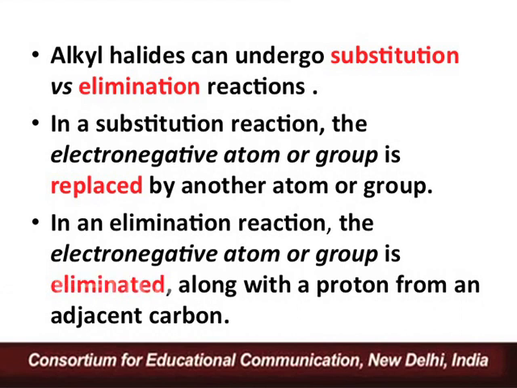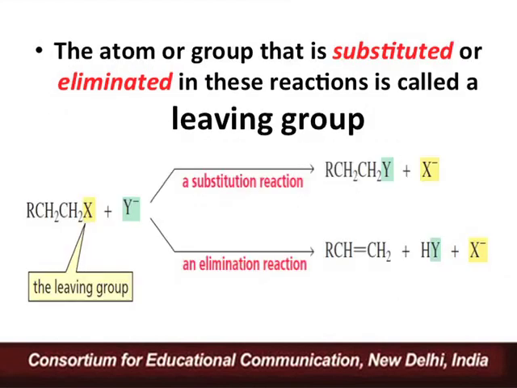In a substitution reaction, the electronegative atom or group of atoms is replaced by another atom or a group. In an elimination reaction, the electronegative atom or group is eliminated along with a proton from the adjacent carbon, that is the beta carbon, resulting in the formation of alkene.